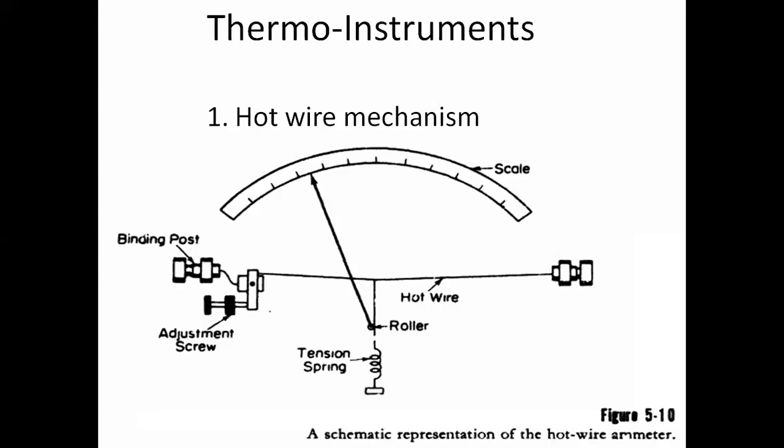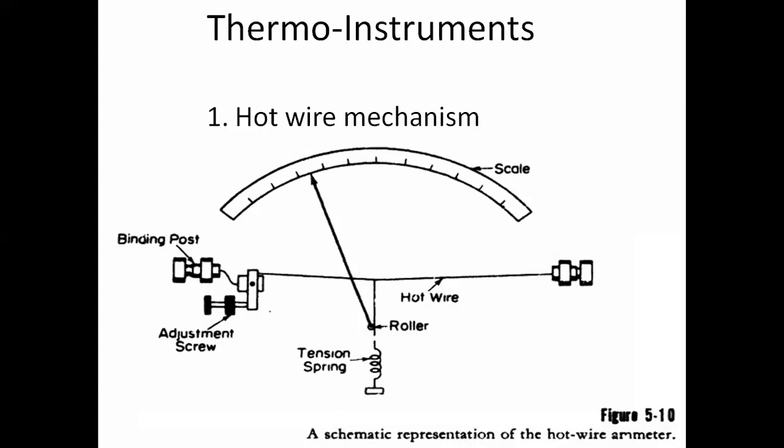These thermo instruments are used to measure current, whether it is DC or AC current. The basic mechanism, the hardware mechanism, we are discussing. The main concept is that whenever current is flowing through a wire, it produces some heat. That heat is proportional to the applied amount of current.